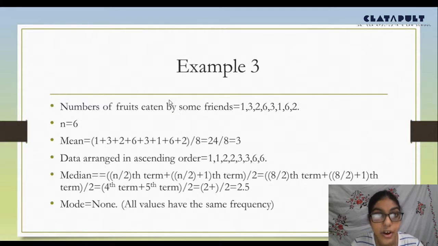The mode here, note, will not be there. There will be no mode in this data set. Why? Because all of the individual values 1, 2, 3 and 6 have exactly the same frequency. So we won't have a mode that is displayed in this value.